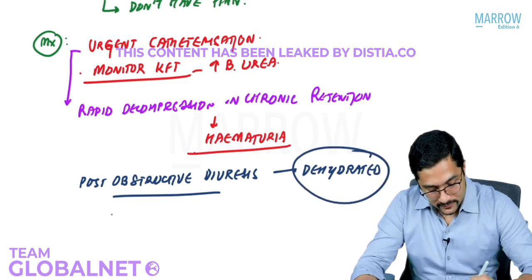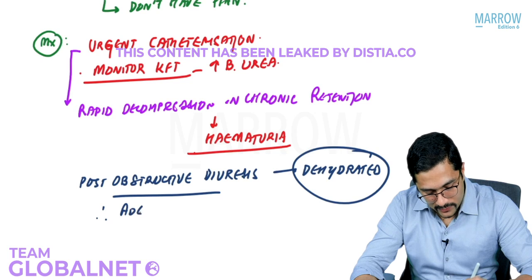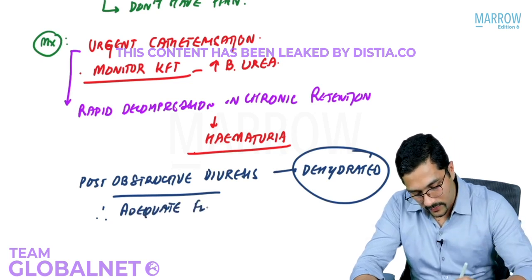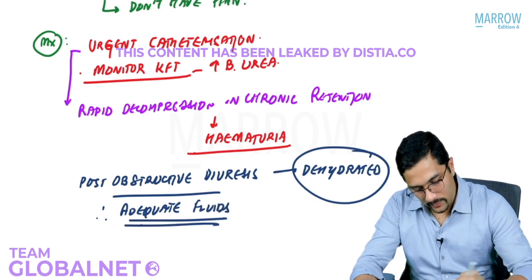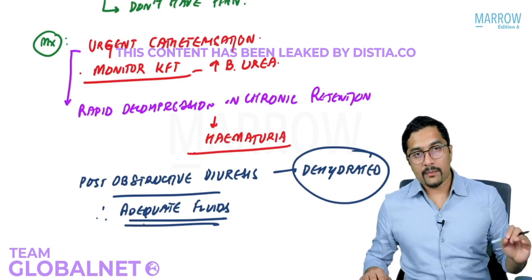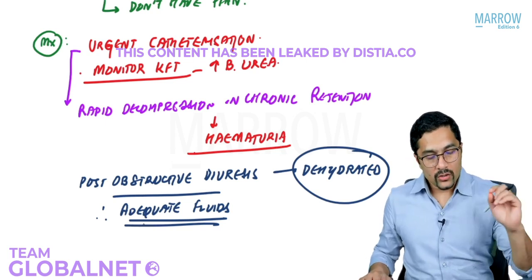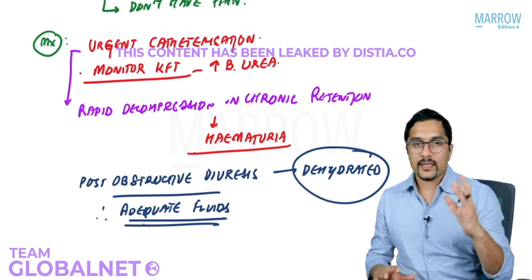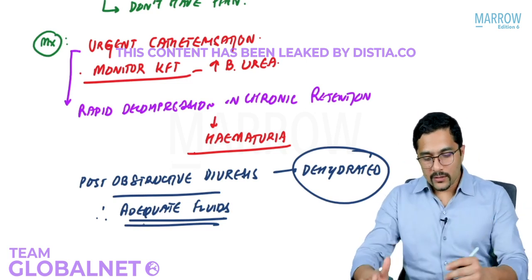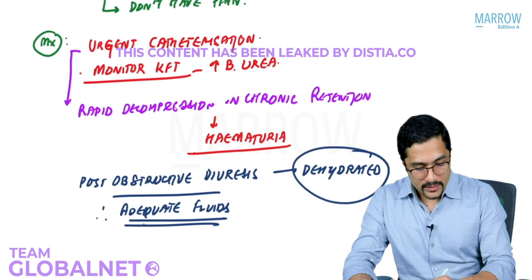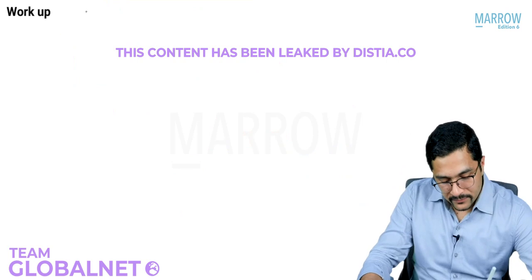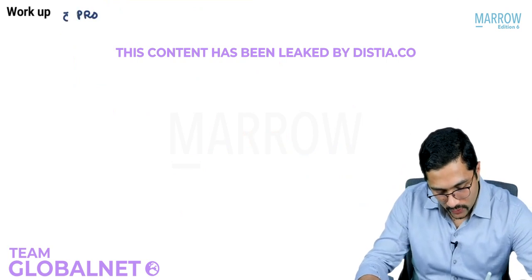Therefore, adequate fluids should also be given in these patients after catheterization. So this was the management of chronic retention. You should know this as a clinical scenario. This can be asked in the exam as well. So I've told you about the lower urinary tract symptoms, and now we are going to talk about the workup of a patient with prostatic disorders.